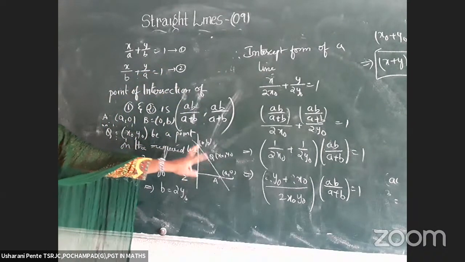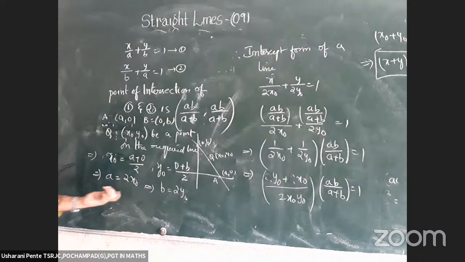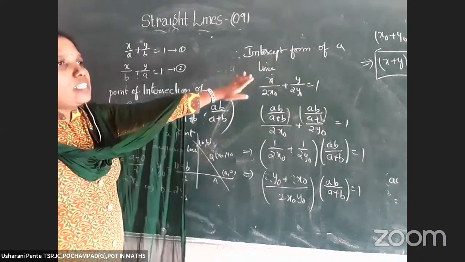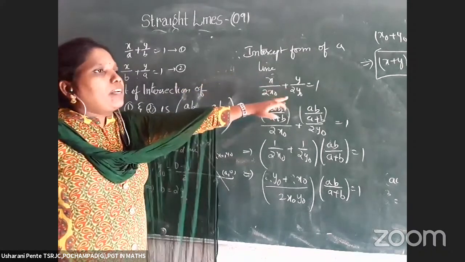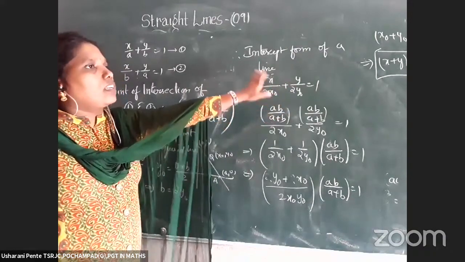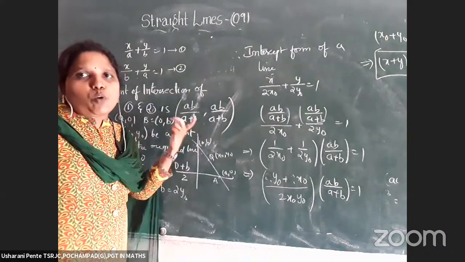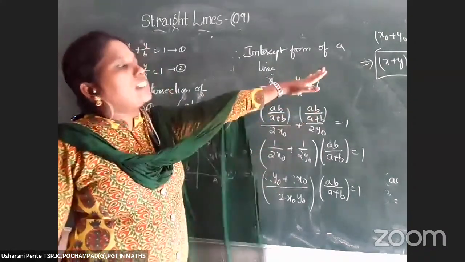From this, the line is passing through the intercepts. So we can find the x intercept as 2x naught and the y intercept as 2y naught. By the intercept form of a line, this line is x by 2x naught plus y by 2y naught is equal to 1. In place of x and y, we need to substitute the point of intersection. If we substitute that, we will get this one.